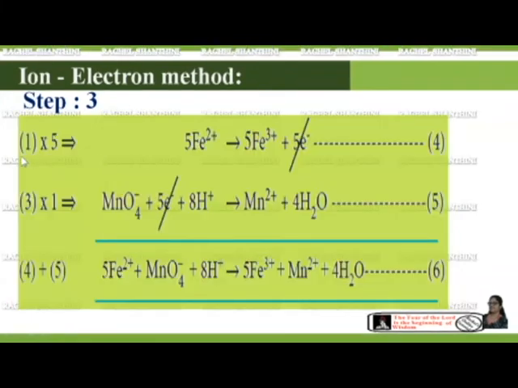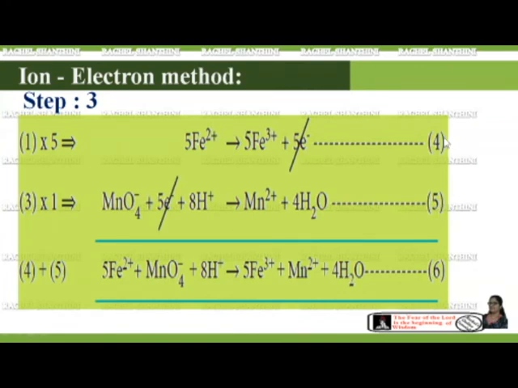When we multiply equation 1 by 5, it gives 5 Fe²⁺ ions gives 5 Fe³⁺ ions and 5 electrons, which is represented by equation 4. Now, when we multiply equation 3 by 1, we get MnO4⁻ plus 5 electrons plus 8 H⁺ gives Mn²⁺ plus 4 water molecules, which is represented by equation 5.